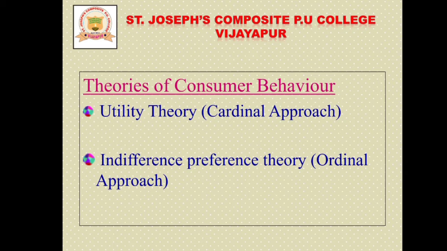Take for example two commodities, an apple and a banana. Suppose person A consumes an apple, because he gets more satisfaction from the apple than from the banana, so his want satisfying power is more in that commodity. So utility is want satisfying power.